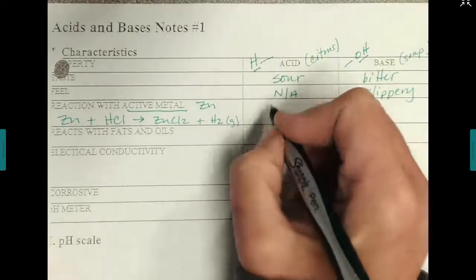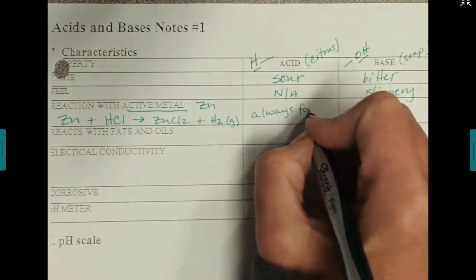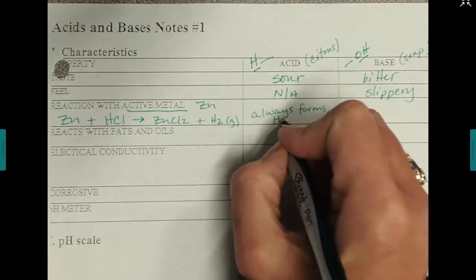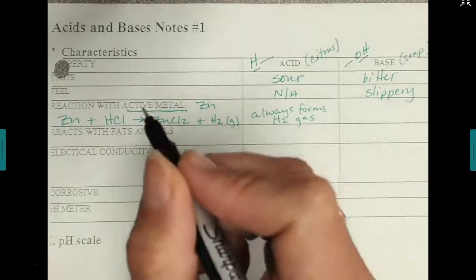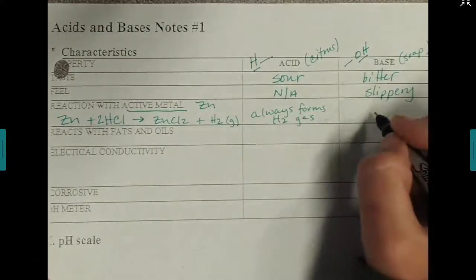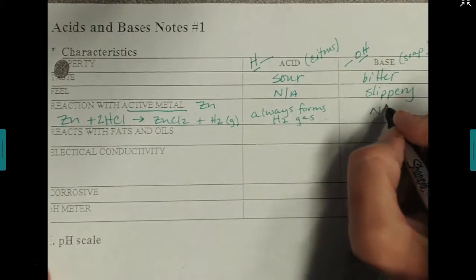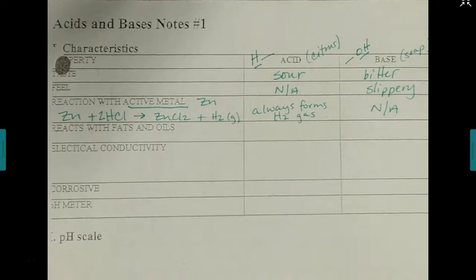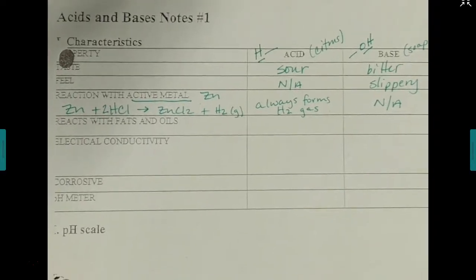Okay, so this always forms hydrogen gas. And remember, hydrogen is a Brinkelhoff. Let's balance this, so we'll have a 2 here. It's non-applicable for a base because it'll just create a zinc hydroxide, but it doesn't form that hydrogen gas.